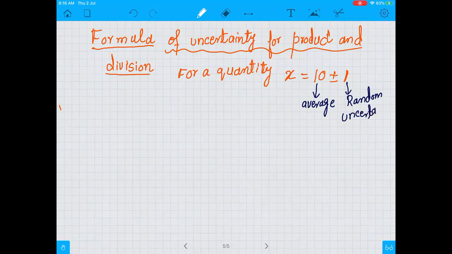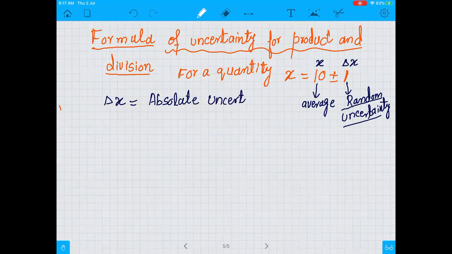And when we state the values, there are no systematic uncertainties because they are already being corrected. Now this is x and this is delta x. One thing, delta x is called absolute uncertainty.